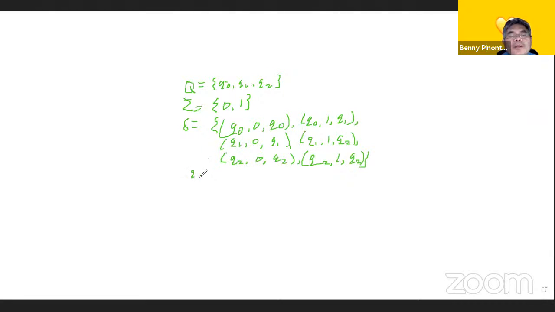And then the start state is Q0, and the final is Q2. Okay, then the transition graph. So we have 3 states: Q0, Q1, and Q2.